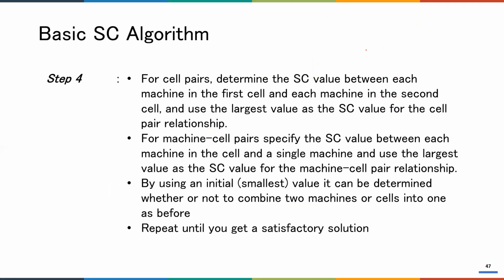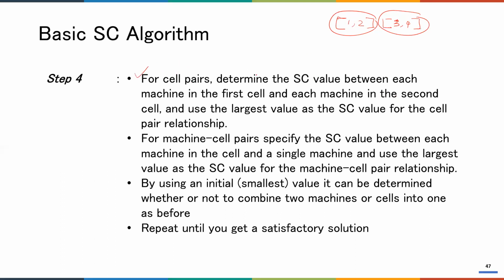So, for example, after step 2, considering the initial threshold, we found out that machines 1 and 2 should be grouped, and machines 3 and 4 should be grouped. Something like this. So we will consider this.